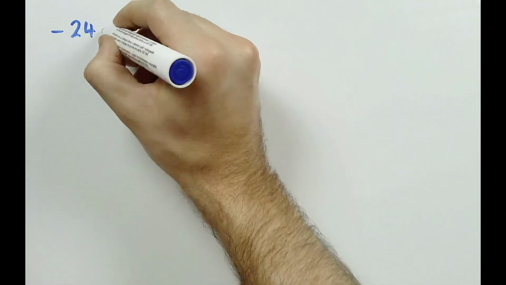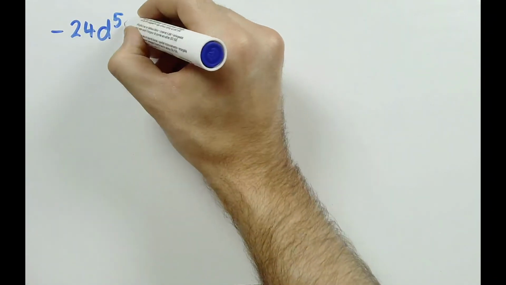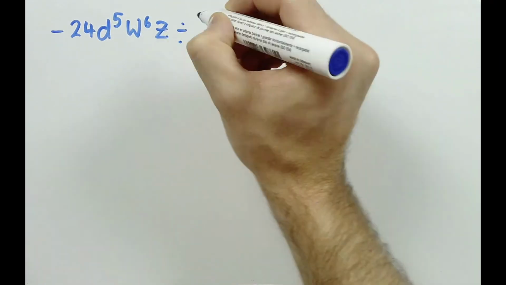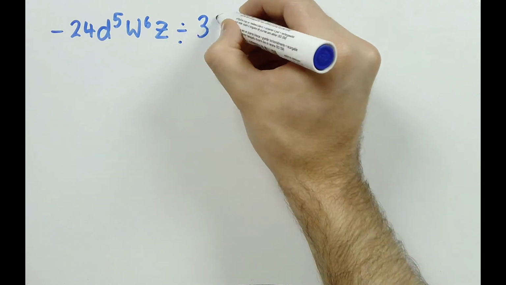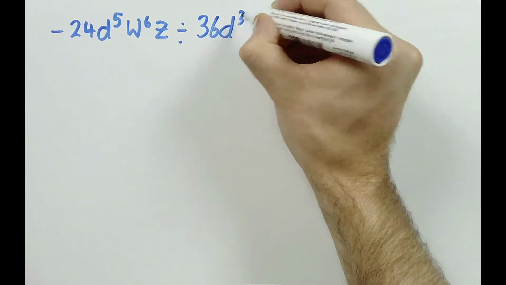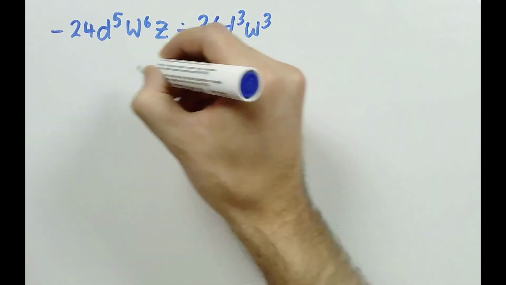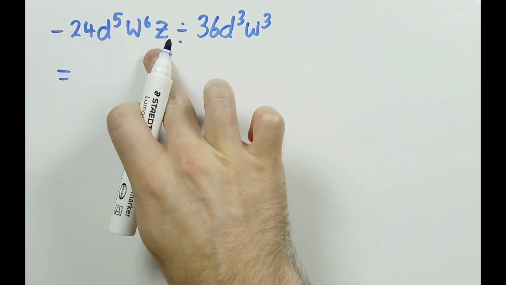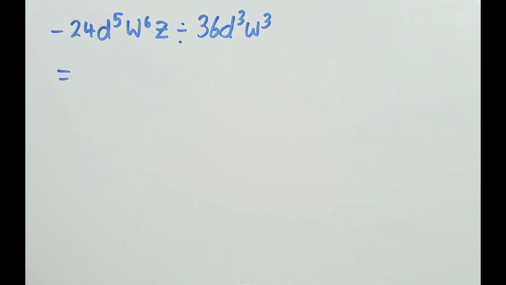Negative 24 d to the power of 5 w to the power of 6 z divided by 36 d cubed w to the power of 3. So of course, keep in mind that any letter is just a variable and can be interchanged with any other symbol to represent that same variable.